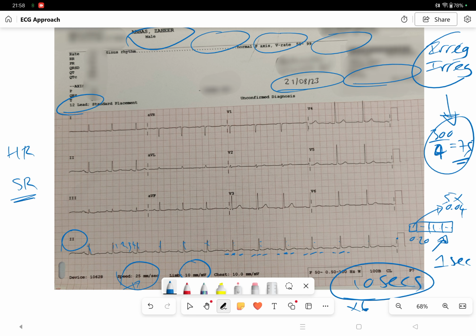Now, the next thing is, the R waves, as we've already identified, are regular. The R to R intervals are regular, so this is deemed as being normal sinus rhythm, NSR.